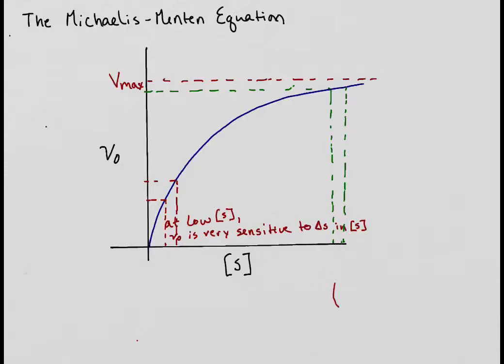In fact, I don't have good enough tools to really show this accurately. My ruler is failing me. It's a very small difference right here in initial velocity. So whereas the difference is very large at low substrate concentrations, it's very tiny at high substrate concentration.